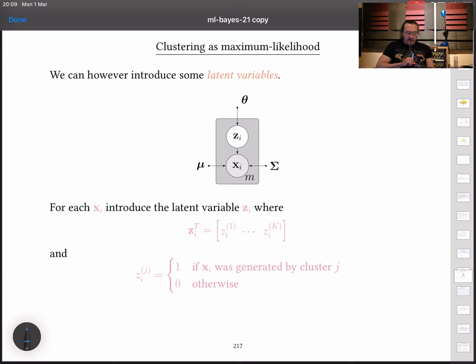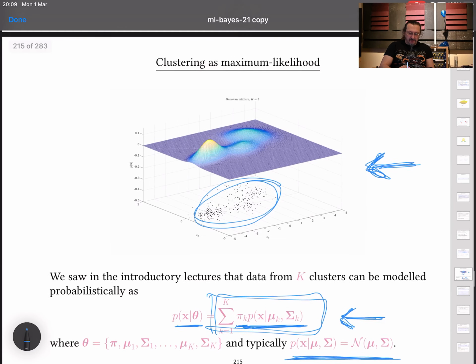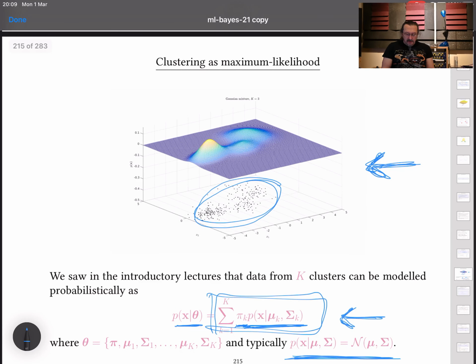Now, the latent variables are simply indicators that, if you could observe them, would tell you which cluster generated which data point. Now, let's just emphasize that given only one of those data points, one of these guys here, it could have been generated by any of the three clusters.